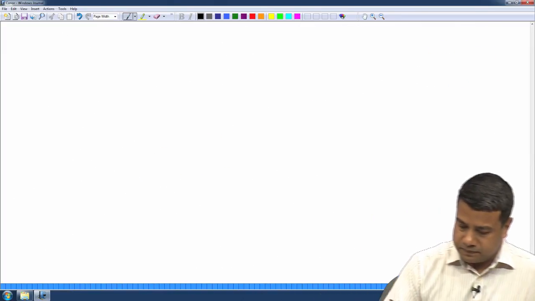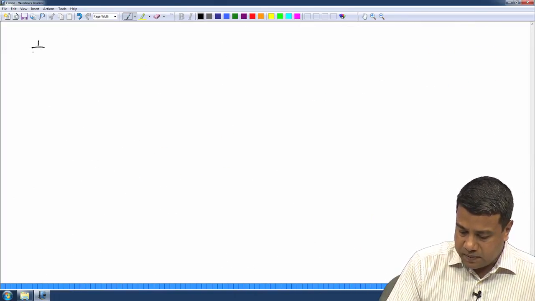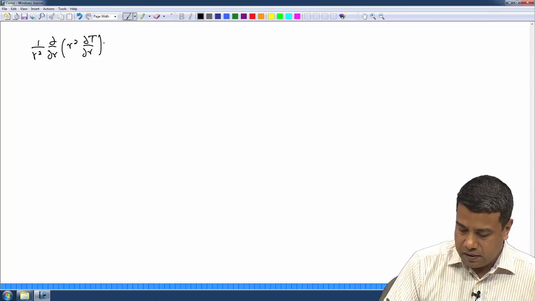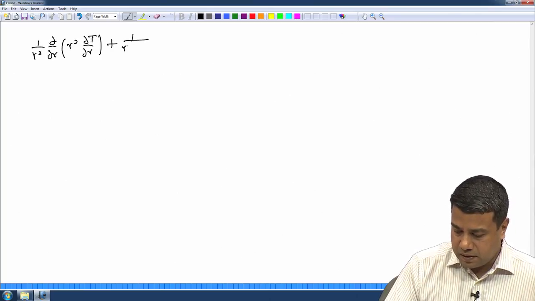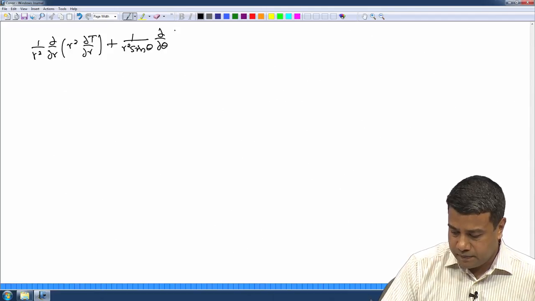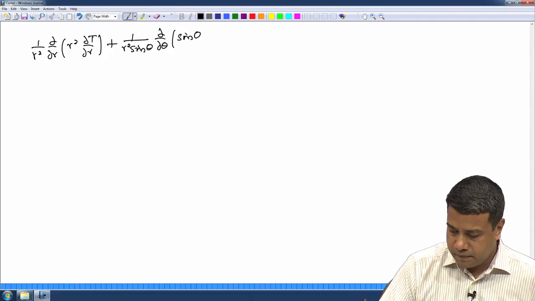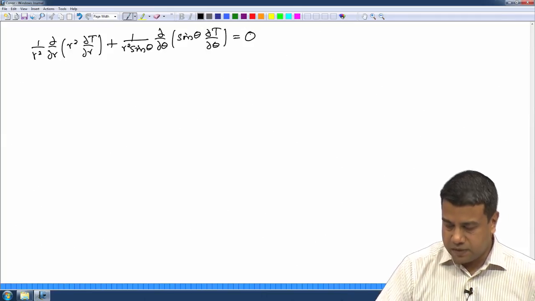To recall, the equation that I had was 1 by r square d by dr of r square dt by dr plus 1 by r square sin theta ... is equal to 0.